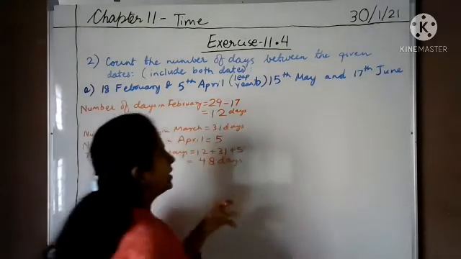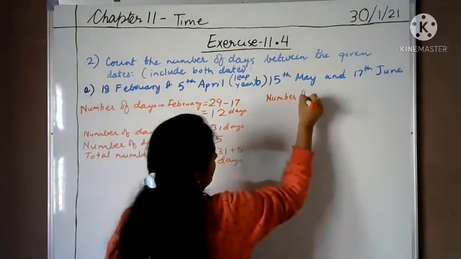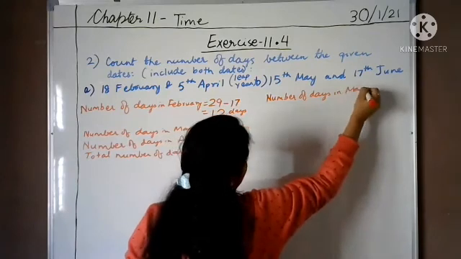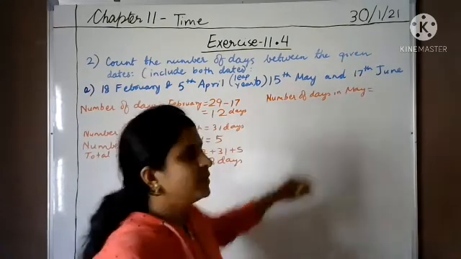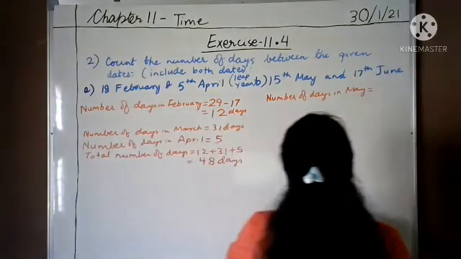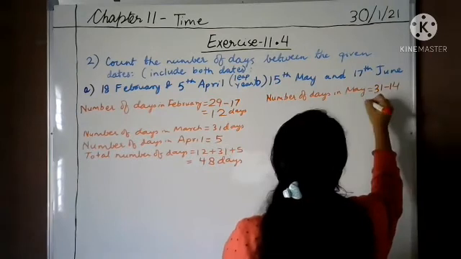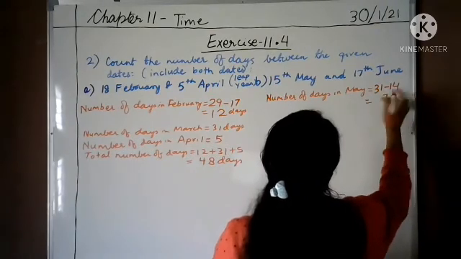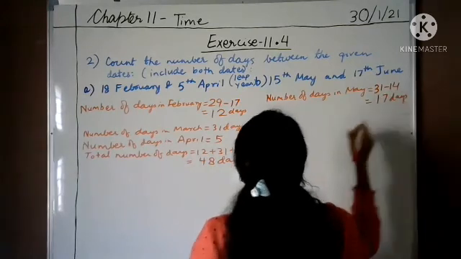Now let's solve this one. 15th May and 17th June. So number of days in May. So now May is having 31 days, right? So 31 में से कितना माइनस करेंगे? 14. So 7 and 11. So 2 minus 1 is 1. 17 days.